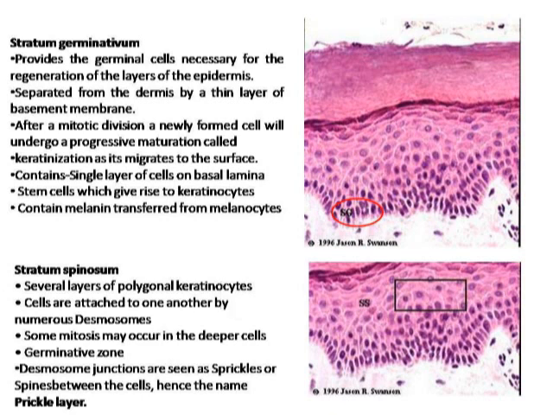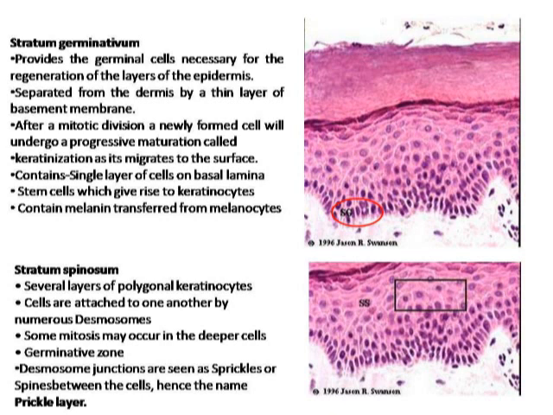Next is our stratum spinosum. The cells of stratum spinosum are keratinocytes which display an elaborate system of cytoplasmic extensions which are interconnected to adjacent processes from neighboring keratinocytes by desmosomes.